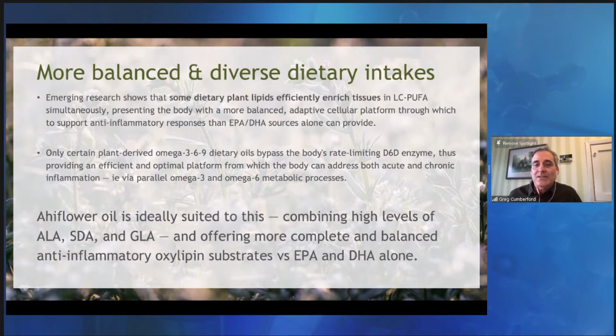So as a proud person who's been developing and making available ahi flour oil in the world, we really feel like its time is coming, where ahi flour is really well suited to helping people achieve those broader cellular wellness, but also ultimately epidemiologically verifiable outcomes.